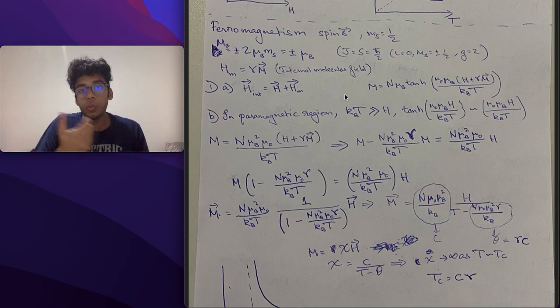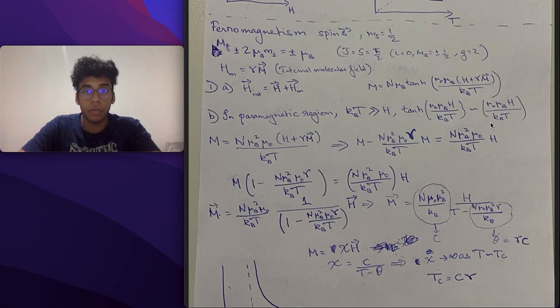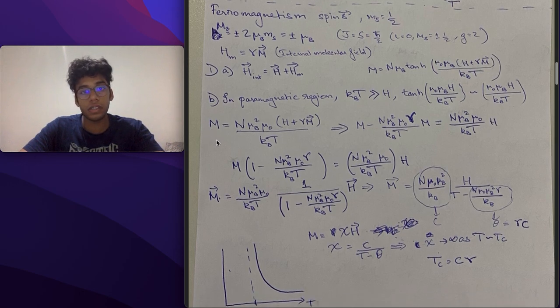We will arrive at the critical temperature soon, but for k_B T much larger than H, then your tanh is approximated the same way, because this becomes much less than 1 for k_B T very large and H very small, so you can do the same approximation as before. And given that, now let's look at the magnetization. So you get rid of the tanh.